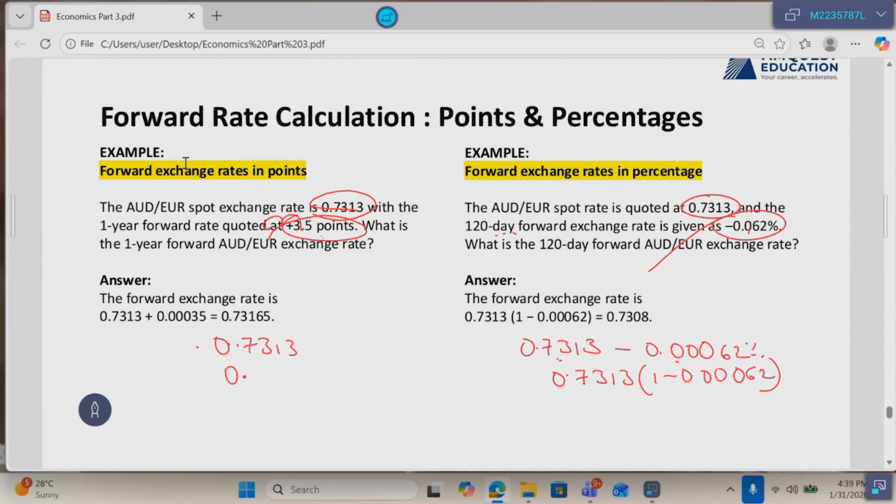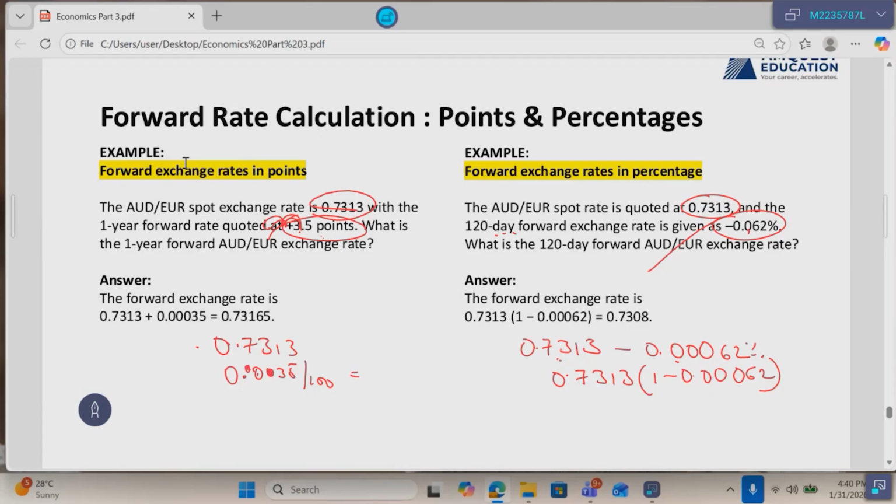Now here, 0.035, right? But 0.035 को वापस divide करो 100 से, then you get the answer 0.035 percentage, right?